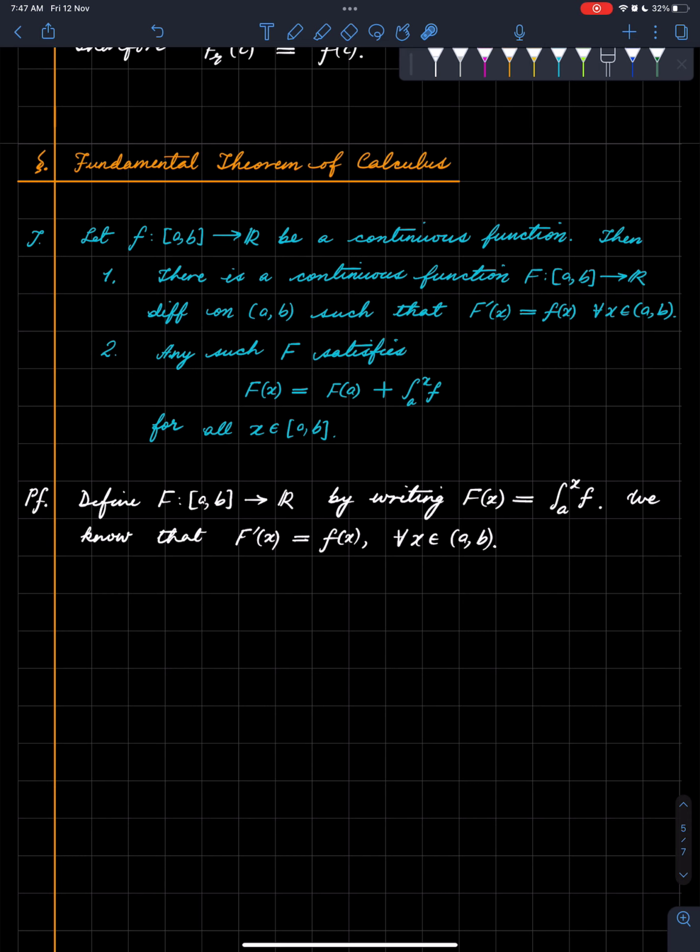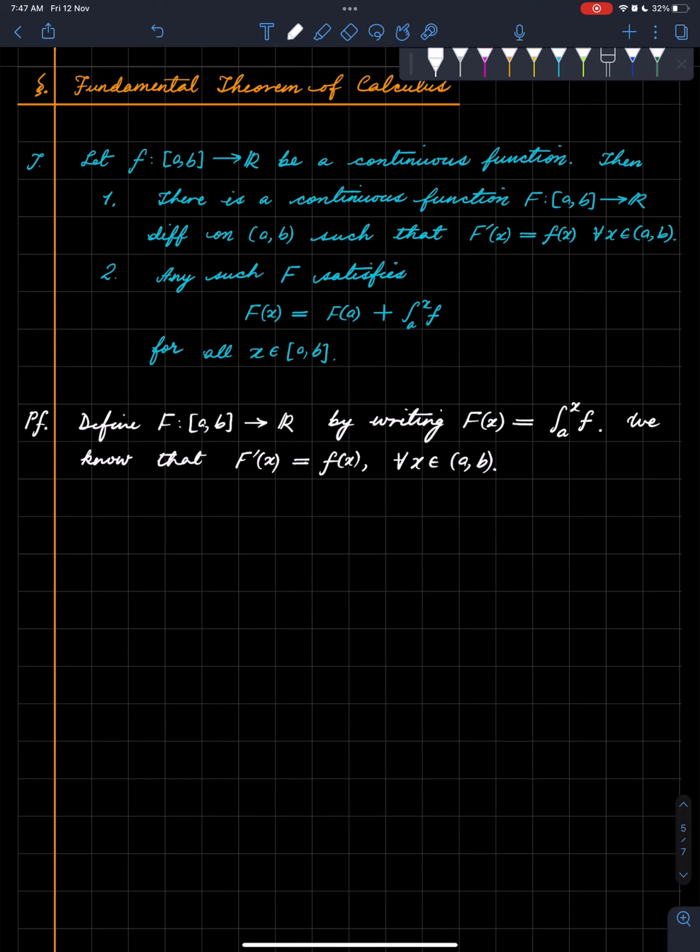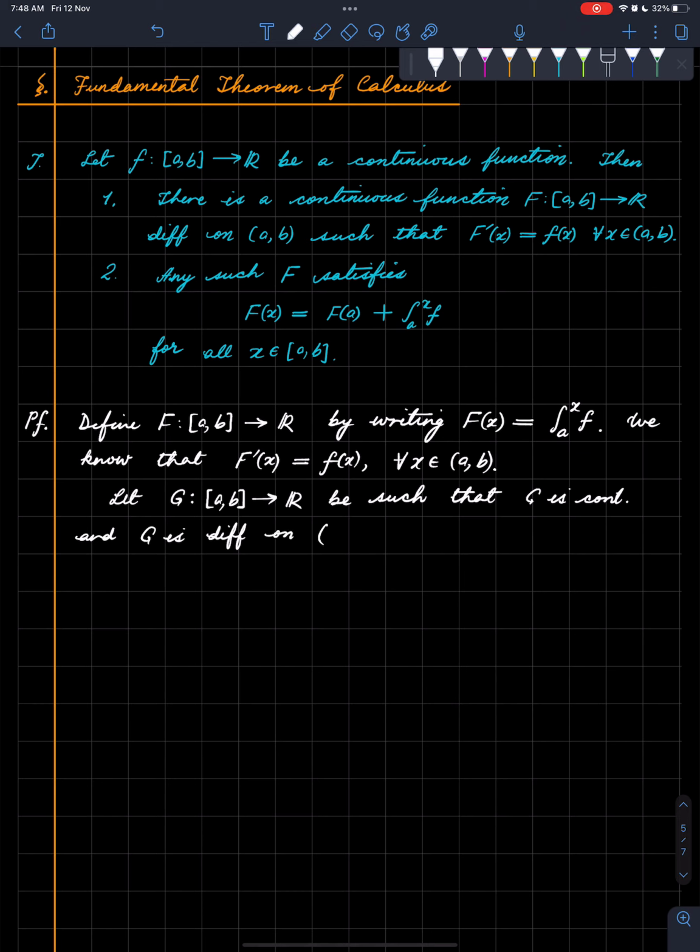Now we want to show uniqueness. So for uniqueness, basically to prove 2, let G be some other function such that G is continuous and differentiable on the interior, and the derivative matches with little f for all x in the interior.